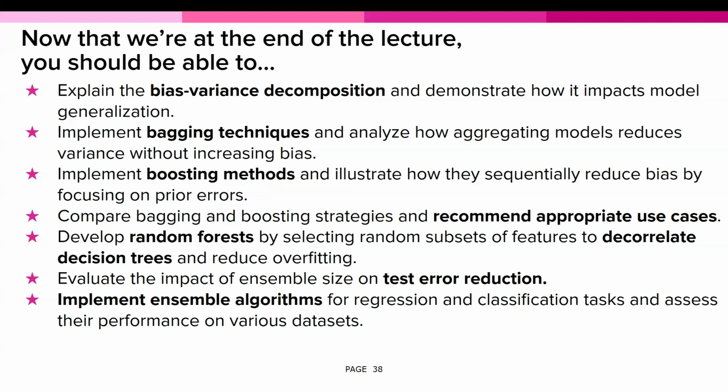We also evaluated the impact of ensemble size on test error reduction. We encountered this analytically, theoretically, and then also saw this empirically in the case of decision trees. As we increase the ensemble size, we do tend to decrease test error up to a point at least.